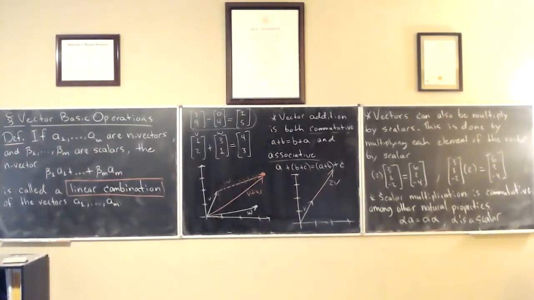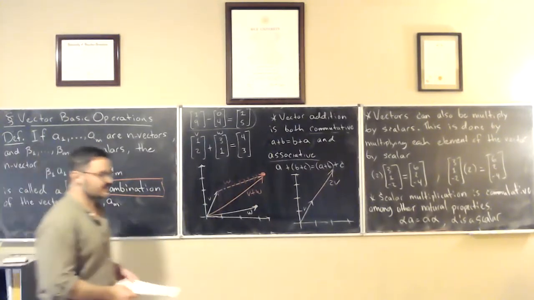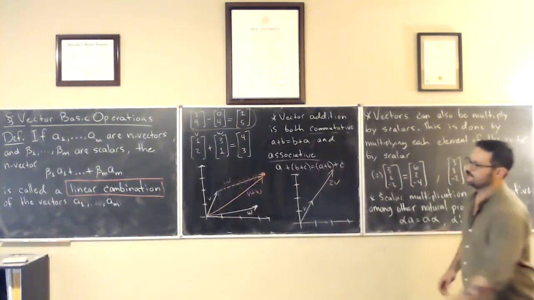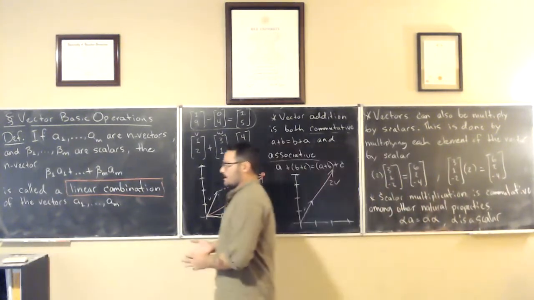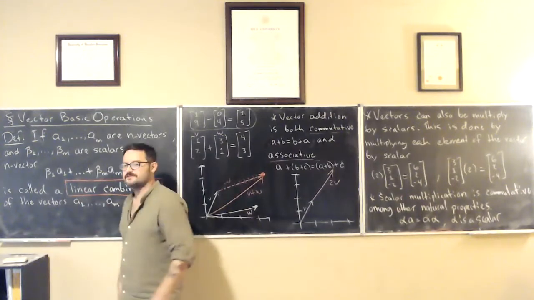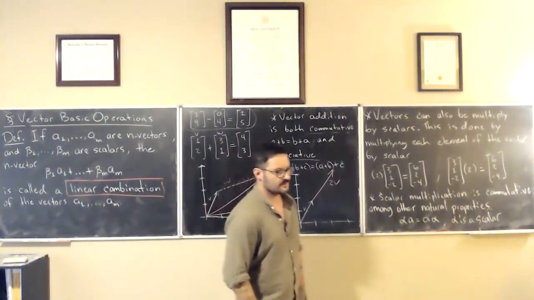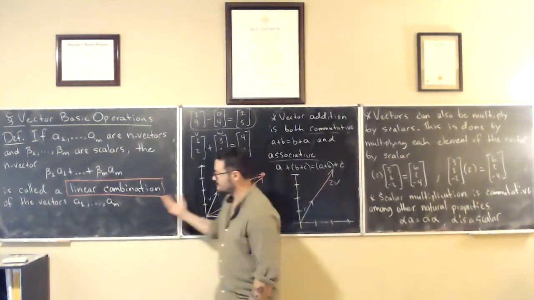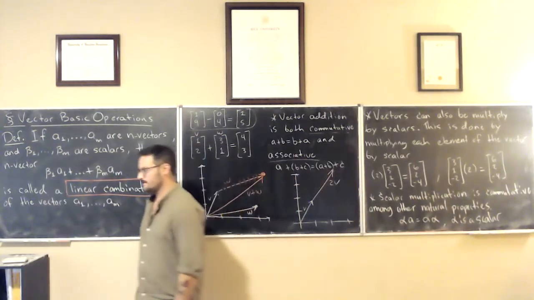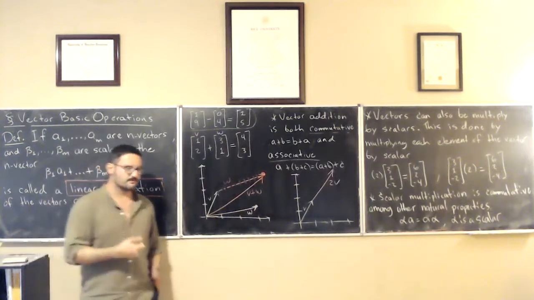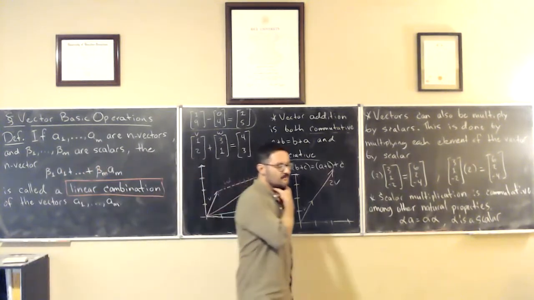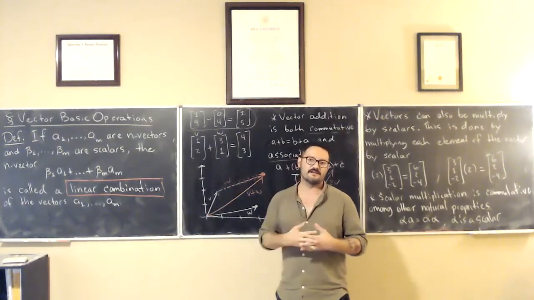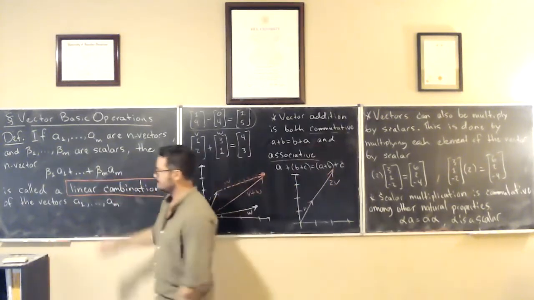But this is important. This is a linear combination of those vectors. And this is something that you will, as data scientists, encounter a lot in your regression classes. Regression is all about linear combinations. When you take your machine learning course with me later, like in your senior year, the input signals that we get from data will be taken in as linear combinations of vectors like this.